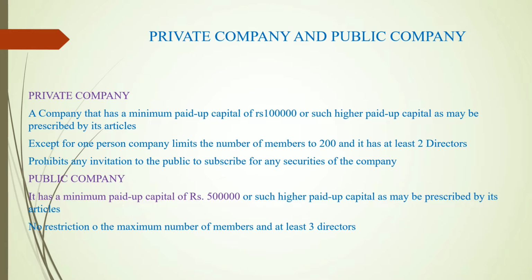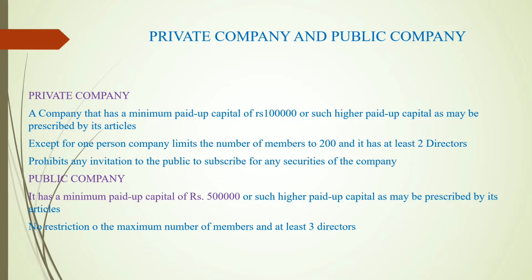And from the public company point of view, it is not a private company. It has a minimum paid up capital of rupees 5 lakhs or such higher paid up capital as the case may be prescribed in the memorandum. And there is no restriction on the maximum number of members here. However, the maximum number of members depends upon the number of shares allotted.